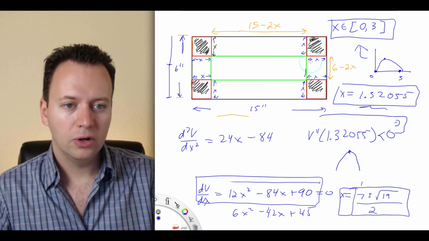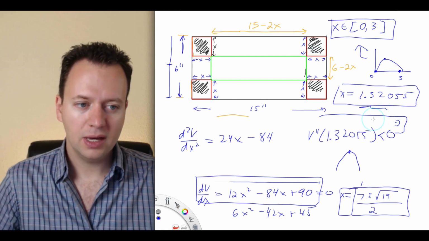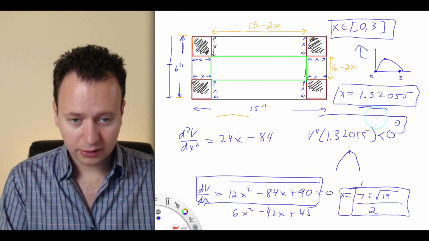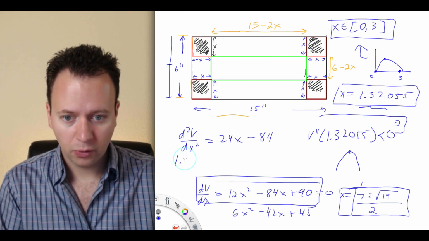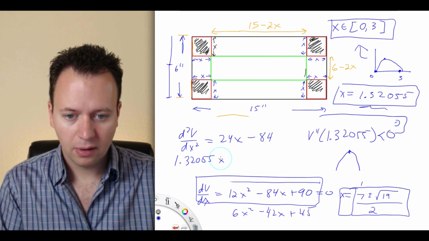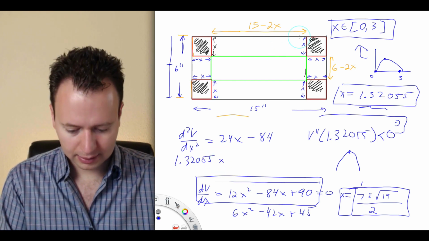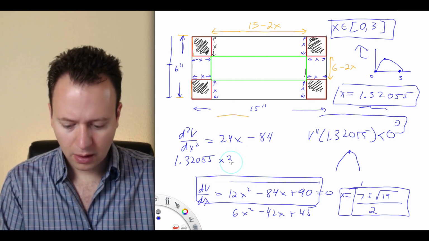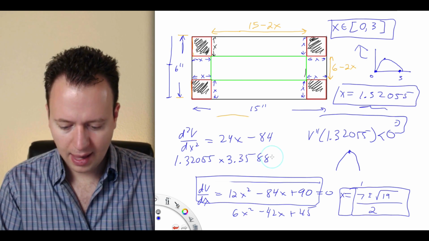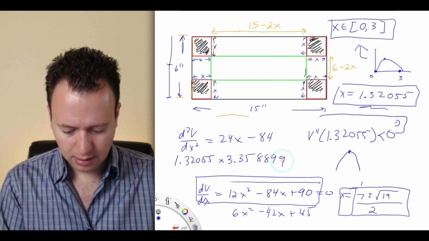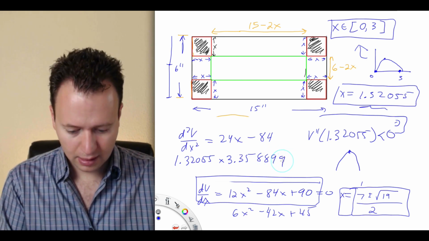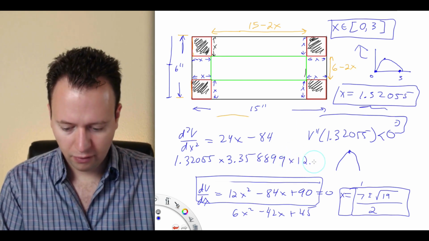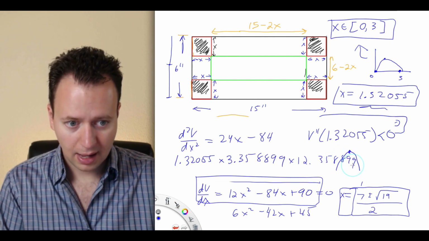So we should make a cut. x should be 1.32055. And if that's x, the box will have dimensions 1.32055 by 6 minus 2 times x, 3.358899, and then 15 minus 2 times x, by 12.358899.